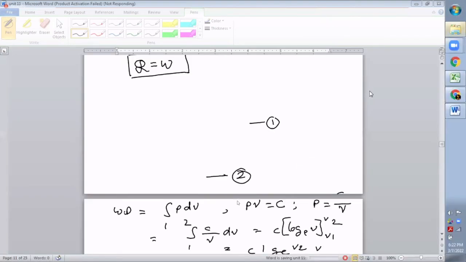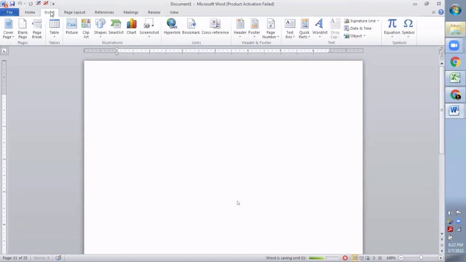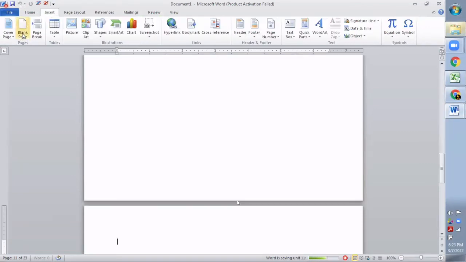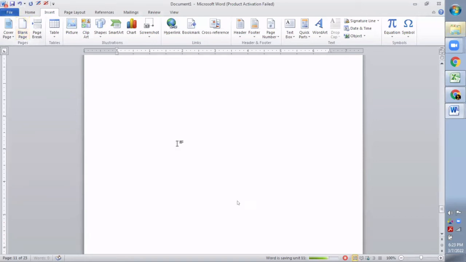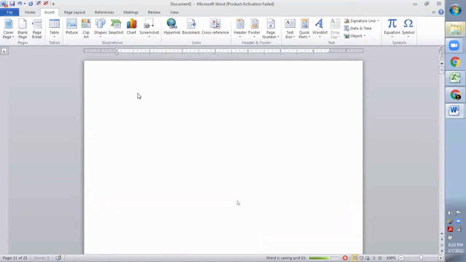So work done is equal to C log to the base e V2 by V1. Okay, so I opened a new page.